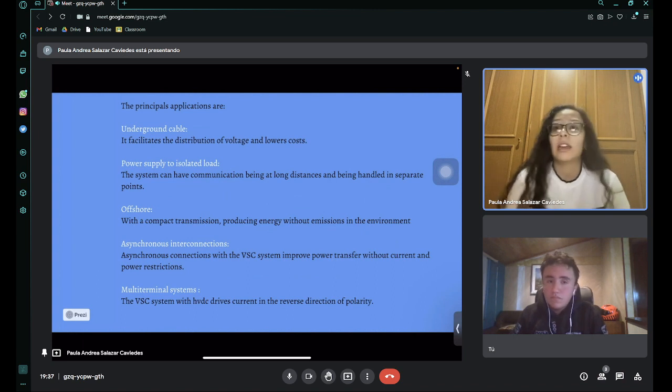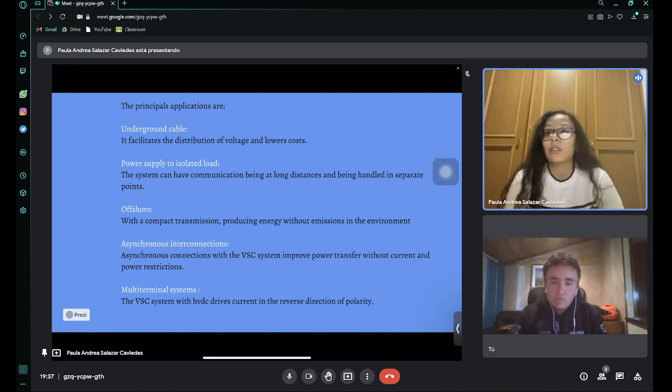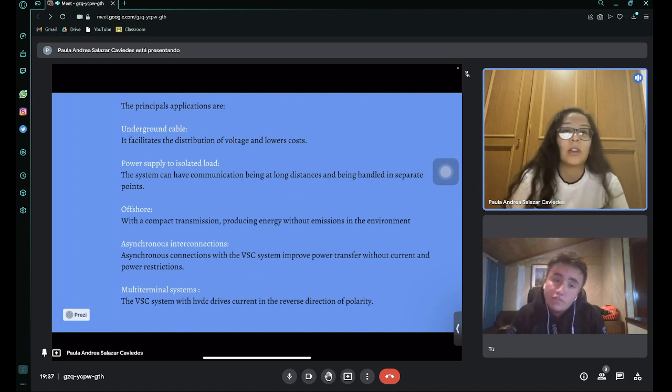And the last one that we have is multi-terminal systems. VSC HVDC transmission reverses power through reversal of current direction rather than polarity. This makes it easier to reverse power or tap intermediate points independent of the main voltage in all the system that we are going to work on.